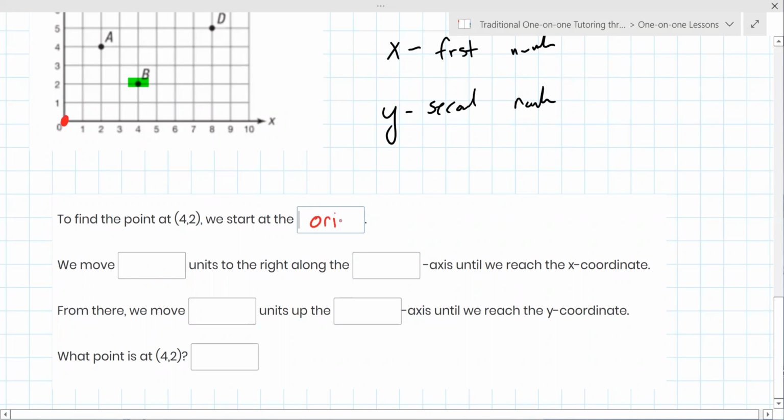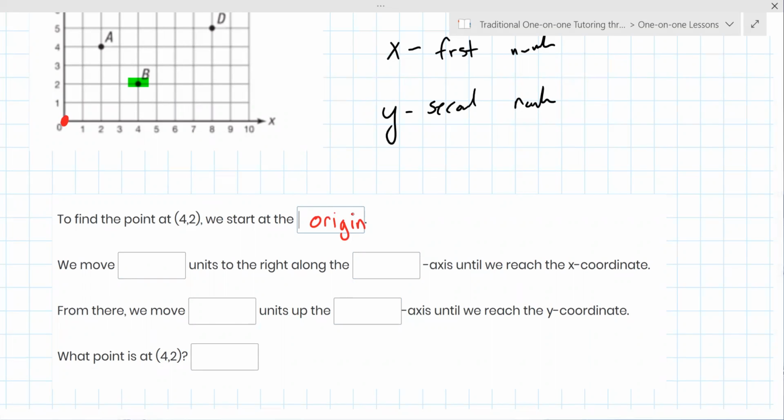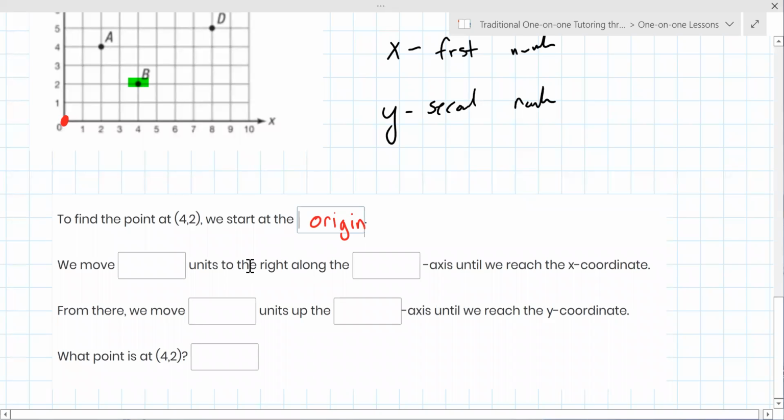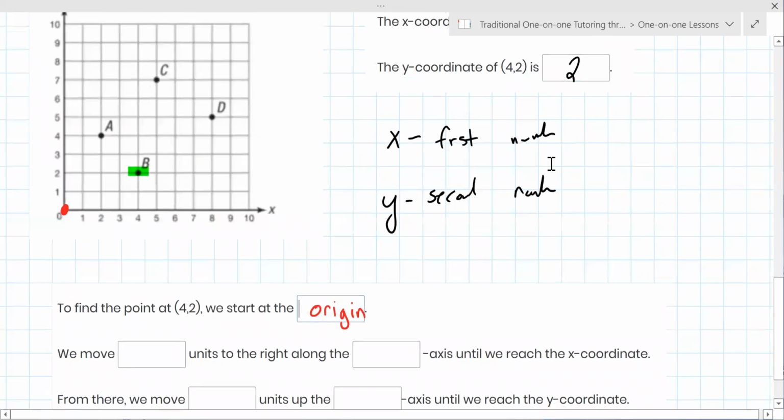That's ORIGIN. Okay. We move blank units to the right. So you can always think of the X coordinate as right or left. So how many units to the right do you move to get to B? 4.